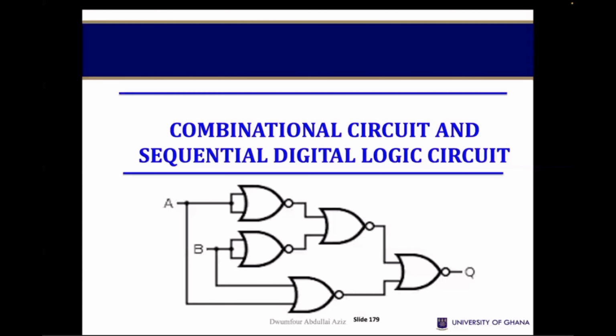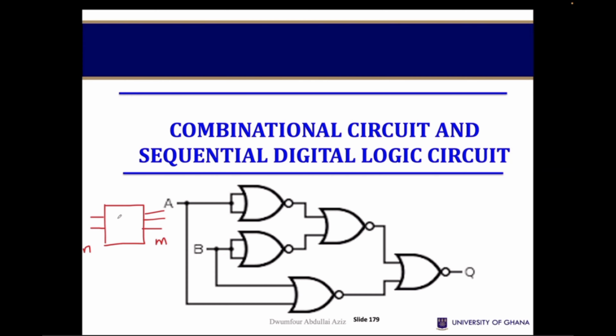Now, the difference is very simple. For combinational logic, all the time, you have some inputs and some outputs. You can have n number of inputs and m number of outputs, whichever.